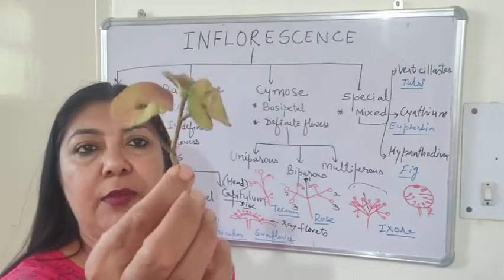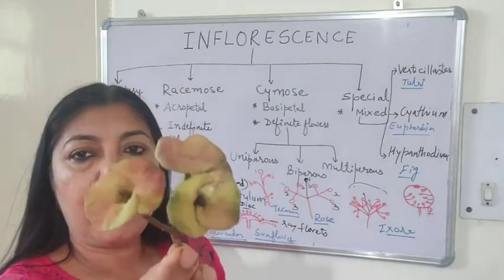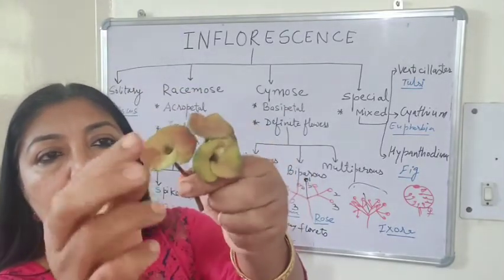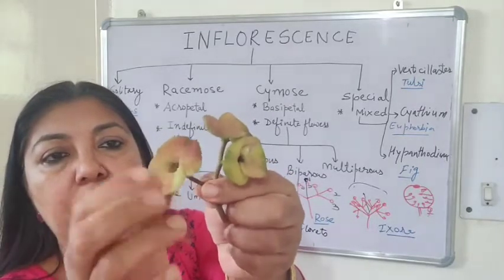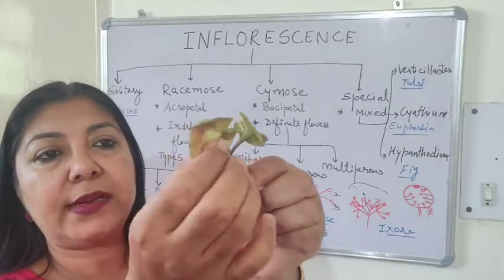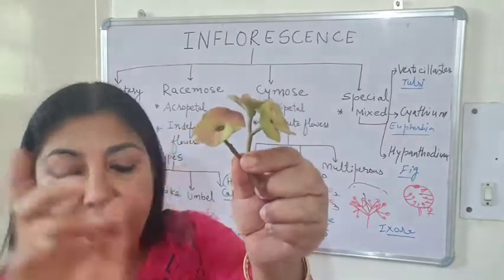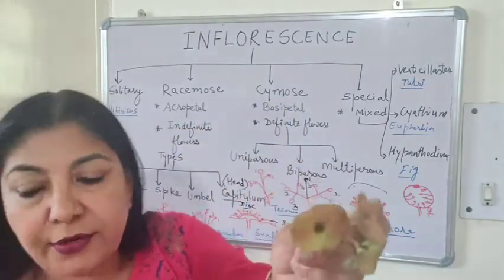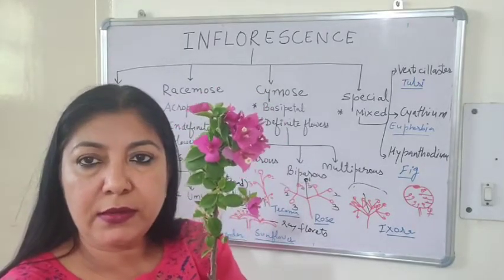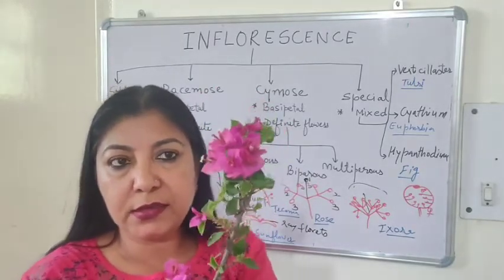This is cyathium inflorescence. This is the flower of Euphorbia milii. The things which appear to be flowers are not flowers. These are bracts. These are modified leaves. I will show you one other interesting feature. Have you seen this type of flower? What is it?